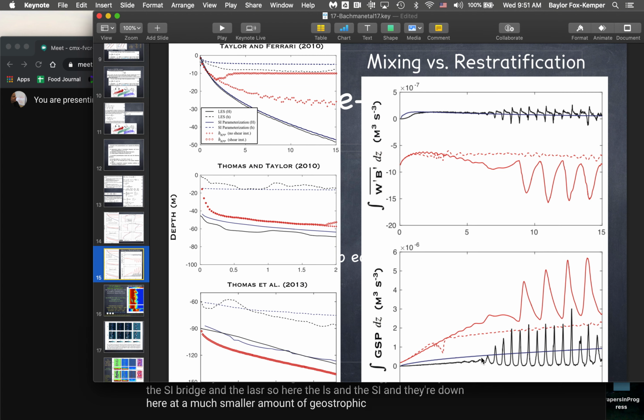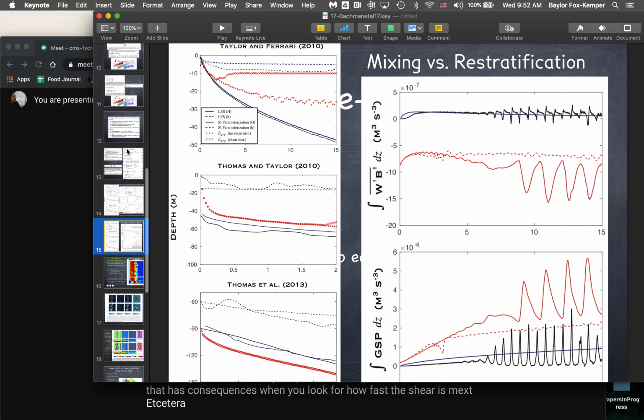So even though this is the primary energy pathway, this buoyancy production is an order of magnitude smaller than this. KPP is doing work, creating potential energy, and extracting far too much shear in order to do that. And so that has consequences when you look at how fast the shear is mixed, et cetera. That's what this scheme does.